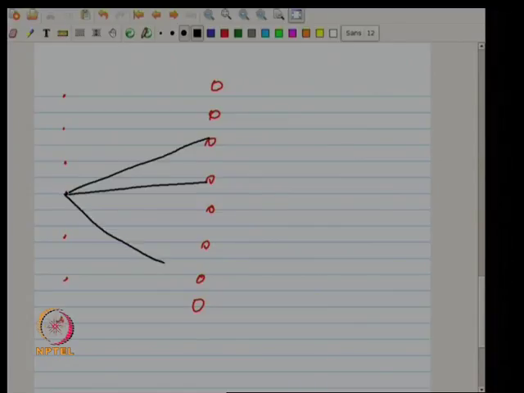You could have a situation like this, where the same object can be associated with more than one range. Therefore, when the changes happen and some of these ranges disappear, suppose this disappears and this disappears, you have to look at how many of these edges are affected. All the edges incident onto the ranges that are going to be deleted are the affected edges. We will have to count the total number of such edges.